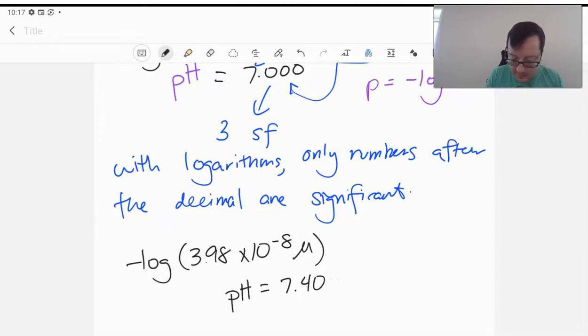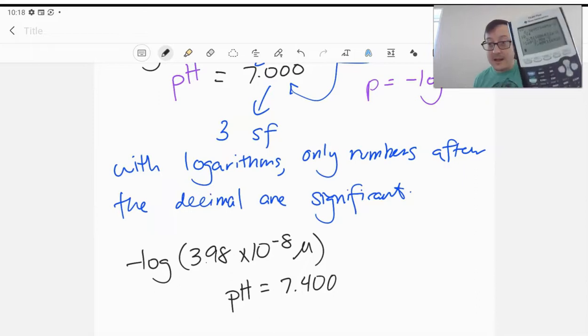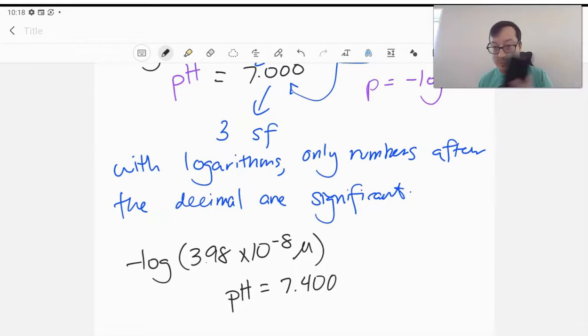And since I have 3 sig figs here, I'm going to need 3 sig figs here as well. I might just be estimating this. I happen to know it's 7.4. There may be some actual decimals here. Fine, we'll use our calculators. So, negative, where is my log button? There it is. 3.98 EE negative 8. Doing this, aha, I didn't lie to you. There it is, 7.400.